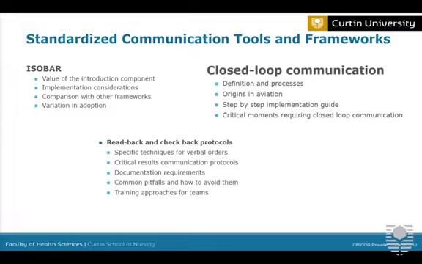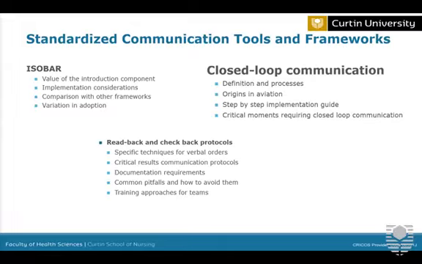We use closed loop communication, and that's what that ISBAR is, and it has definition and processes, and the safety of communication standard that has been adopted by the NSQHS is originally based from the aviation industry, because to promote safety, we needed to be very clear around our safety parameters. There are step-by-step guides in Blackboard in our weekly learning that you are going to be working with.